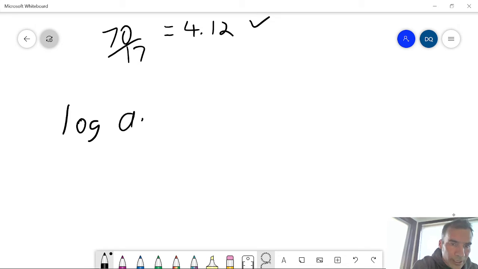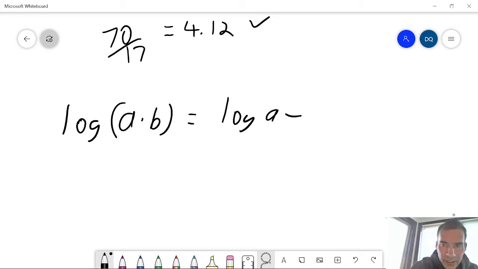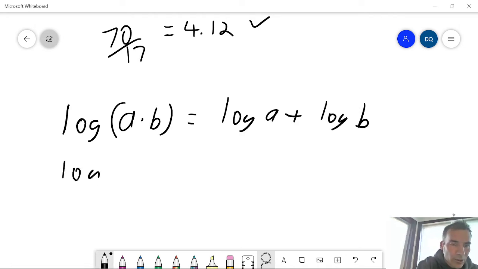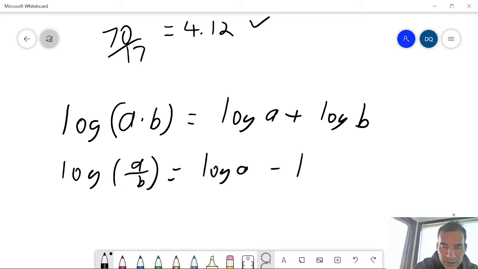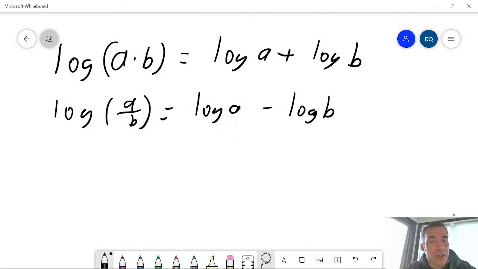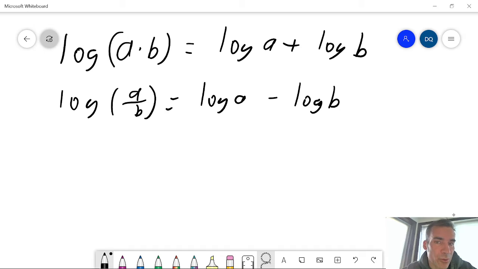The log of A times B is equal to the log of A plus the log of B. And the log of A divided by B is the log of A minus the log of B. So these rules allow you to turn multiplication into addition and division into subtraction, which are computationally easier.